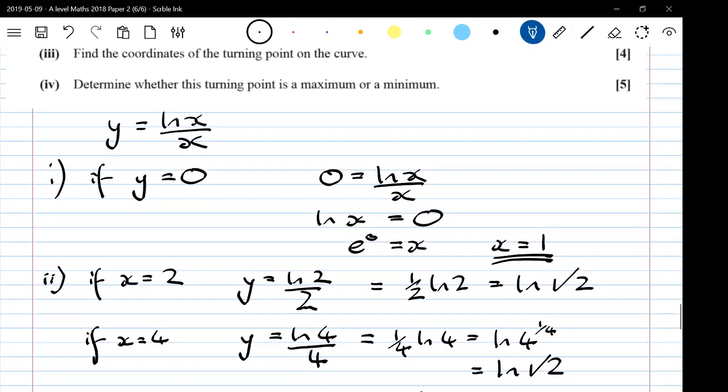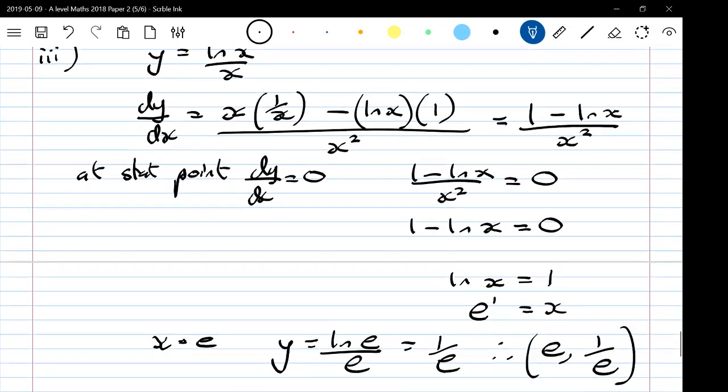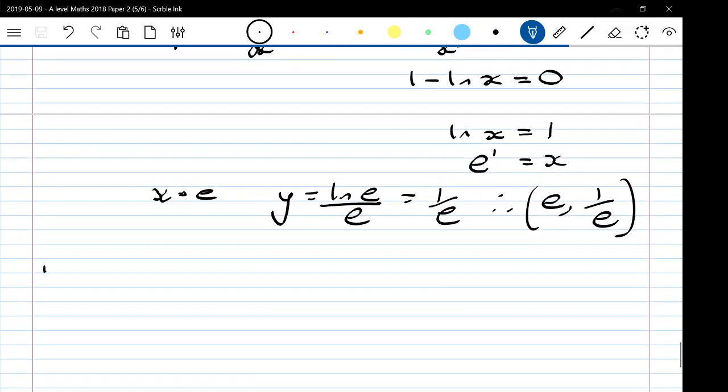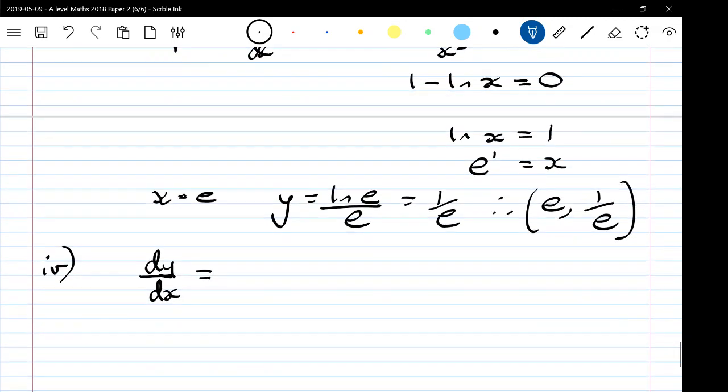Part 4, determine whether this point is a maximum or a minimum. The way that we determine whether a point is a maximum or a minimum is we use the second derivative and see whether it's positive or negative. So we must be after the second derivative here. Remember we're starting from a point where dy by dx is 1 minus ln x over x squared.